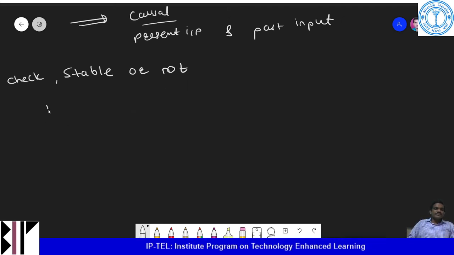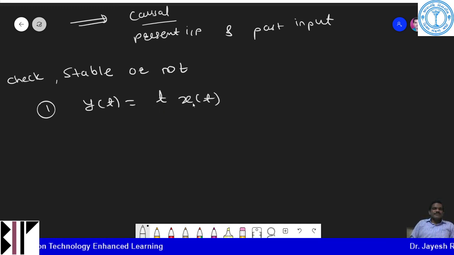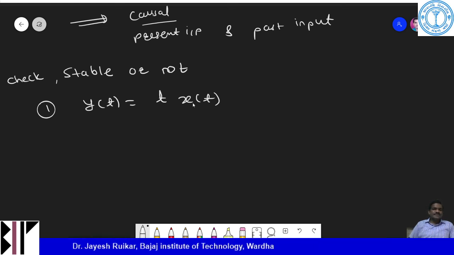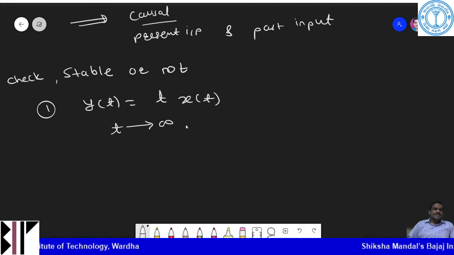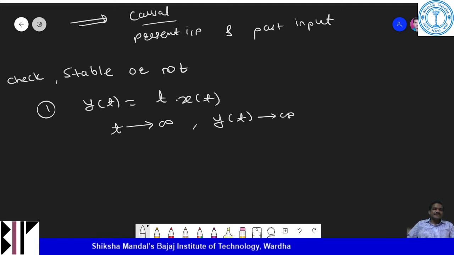First, y(t) = t x(t). A system is called stable if a bounded input produces a bounded output. Here, y(t) is multiplied by t into x(t), so as t tends to infinity, y(t) tends to infinity.